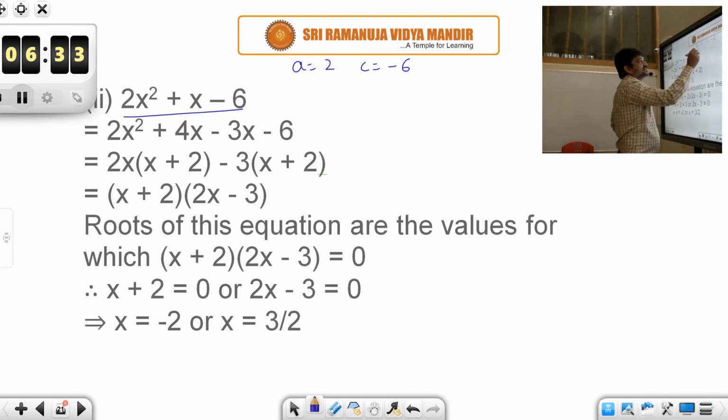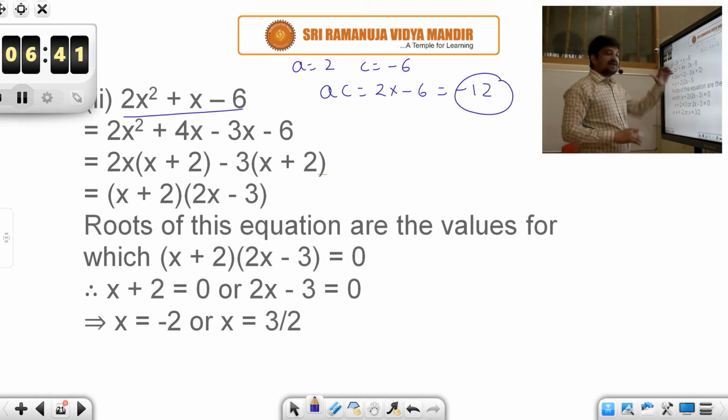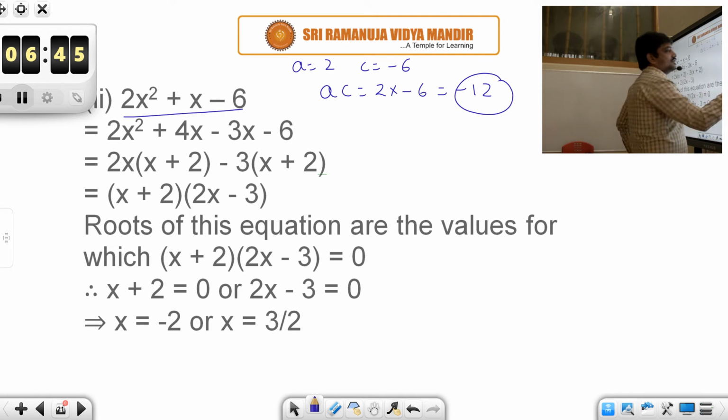So what you need to do is consider AC. You will get 2 times minus 6, that is minus 12. So you need to express minus 12 as a product of two numbers.